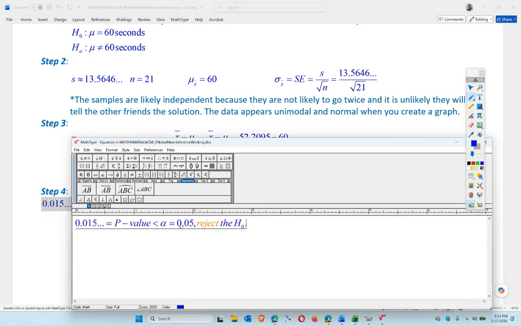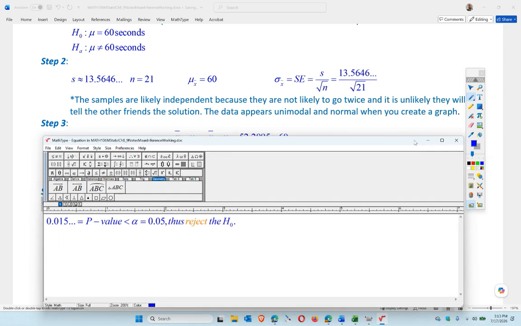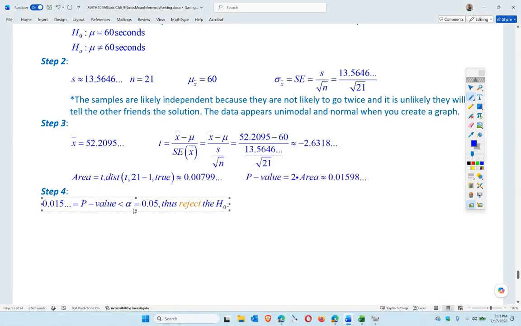So thus, reject the null hypothesis, because we just said that the alpha is 0.05. That's clearly less than that, correct? So therefore, our sample mean is significant and not likely to occur.